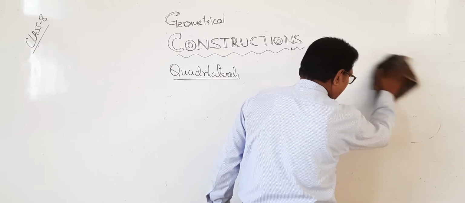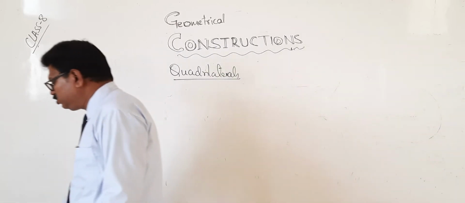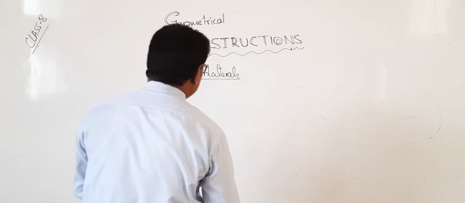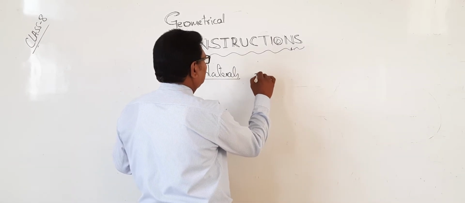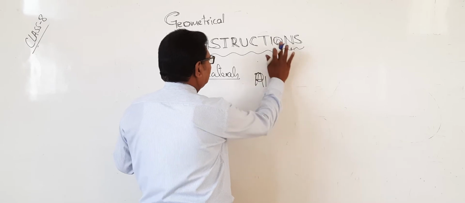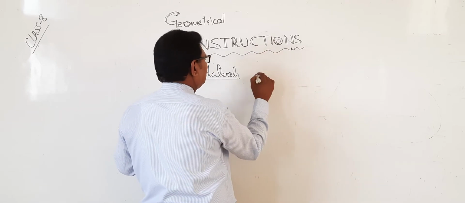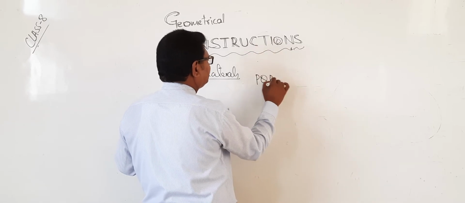Did you understand? Just simply I will show one problem, then you will understand. Quadrilateral PQRS.